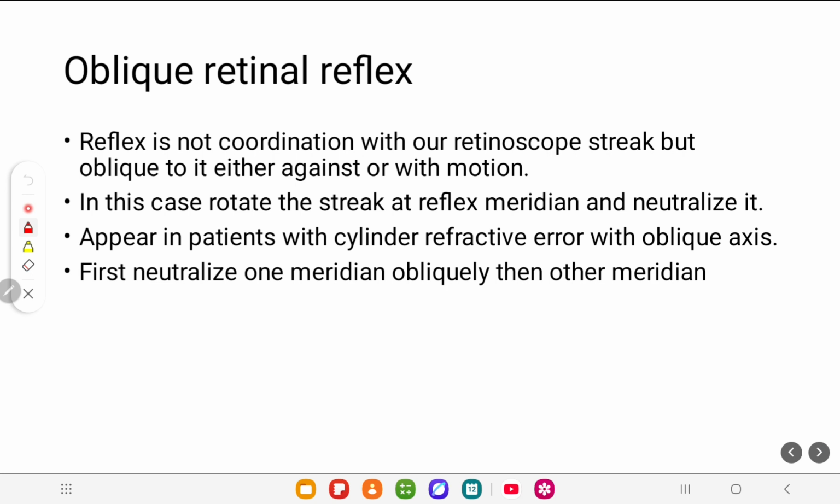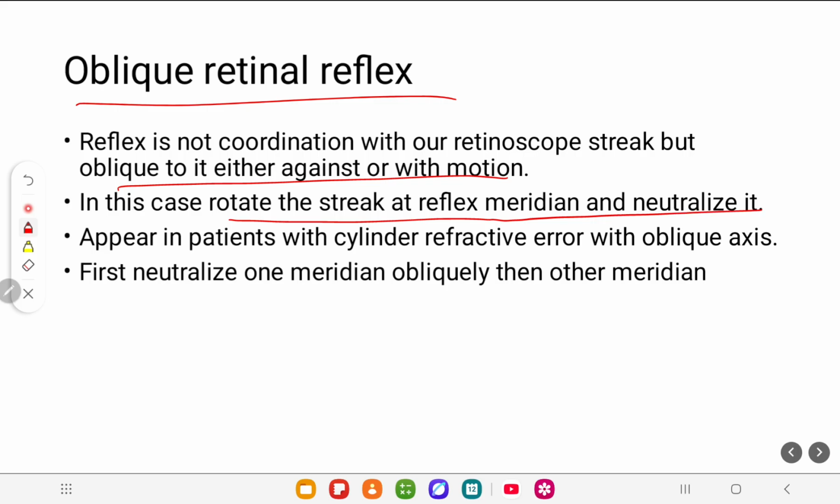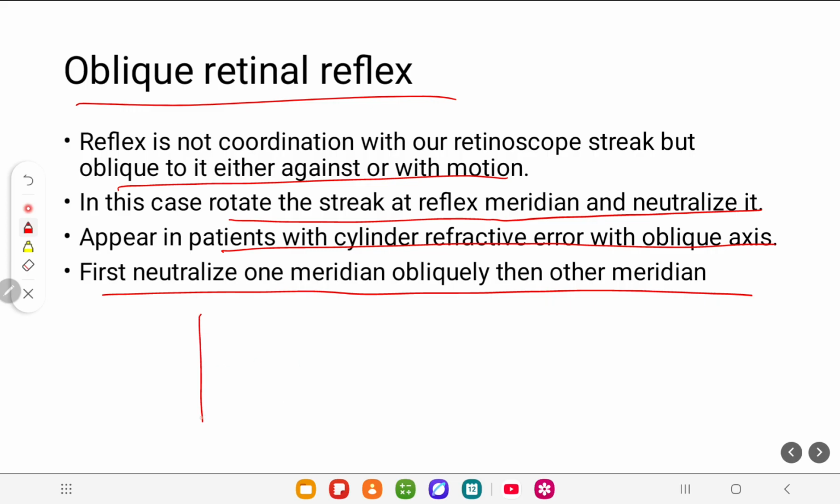Okay. The oblique retinal reflex is not coordinated with your retinoscopic streak, but oblique, either against or with motion. In this case, rotate the streak to the reflex meridian and neutralize. The pattern appears cylindrical, oblique refraction. First neutralize the meridian and then see. Whenever you throw the streak vertically, the reflex comes oblique, because the reflex follows the patient's eye refractive error, which is centrally important.